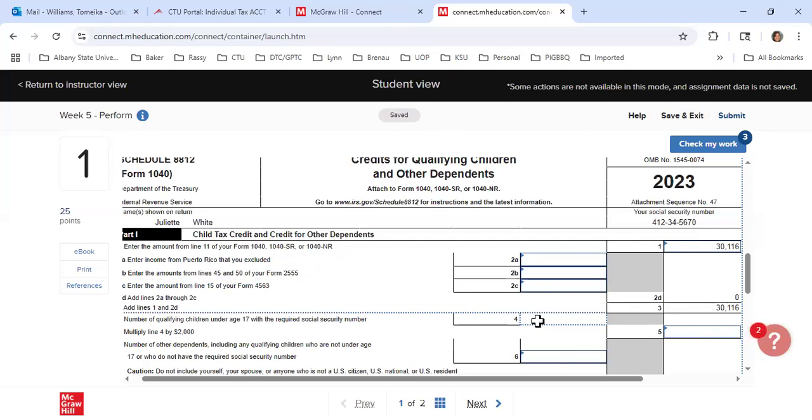Going down to line 4, she only has one dependent that is a qualifying child. So you put 1 in box 4. And in box 5, we're simply multiplying box 4 by 2,000. So we're going to have 2,000 for line 5. So confirm that you have boxes 1, 3, 4, and 5 before we move down further.